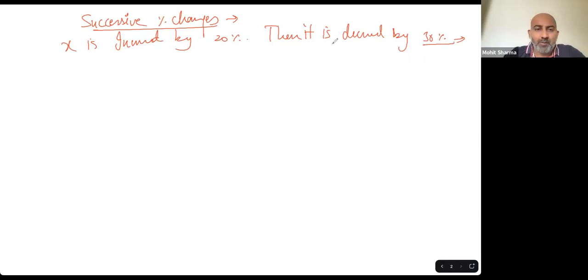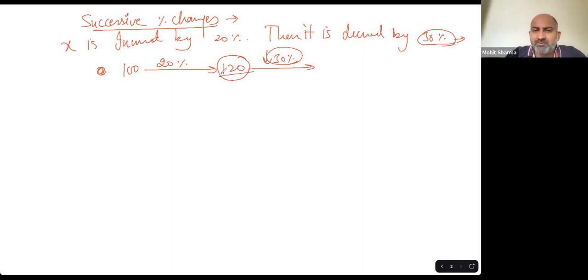So what is happening is, let's say 100 is the initial value, just for convenience. It's getting increased by 20%, so it becomes 120. Now the new number 120 is decreased by 30%. 30% of 120 would be, just multiply 12 into 3, 36. That is 36 down.